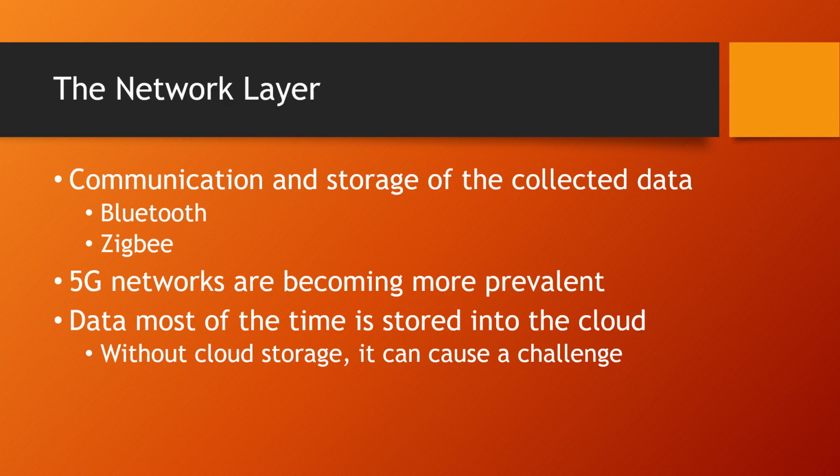And then data is most of the time stored into the cloud. Without this type of storage, it can cause a challenge with healthcare professionals trying to pull up medical histories.